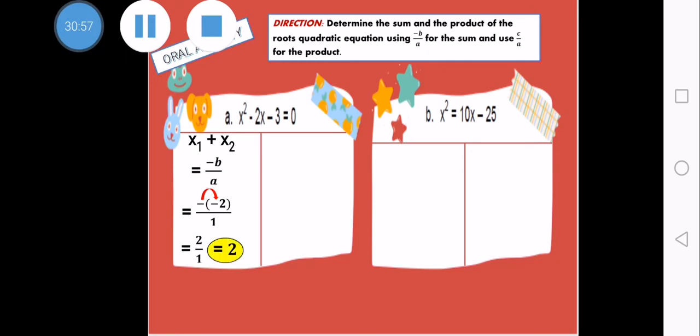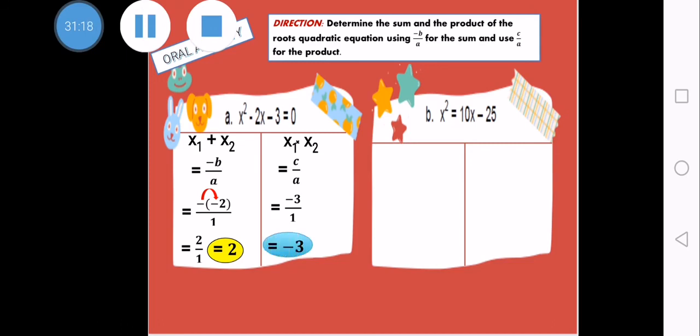Okay? And then, sa product, so, first root times the second root, equation natin is c over a. So, ang c po natin is negative 3 over a na 1. Kaya, ang product po ng first and second root ay negative 3.